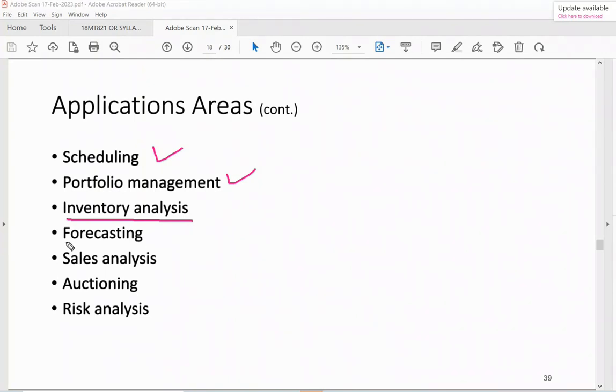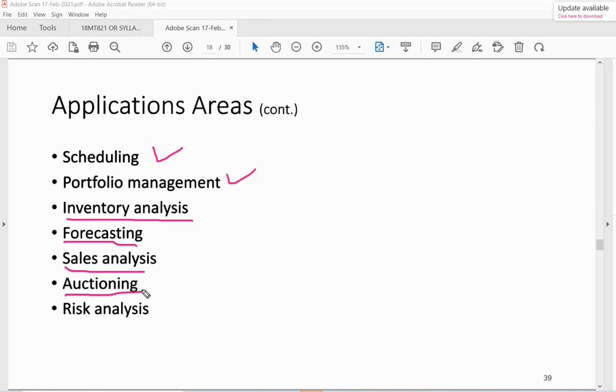Then forecasting. If a particular production is there, I need to have a future view. Keeping that in mind, I need to make the proper production. Then only can we meet the demand required by the system. If not, there is no possibility to meet the demand required by the consumer. Then sales analysis, especially in product-oriented industries. Then actioning.